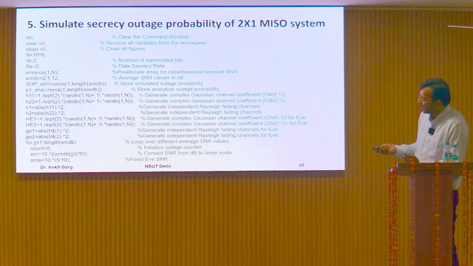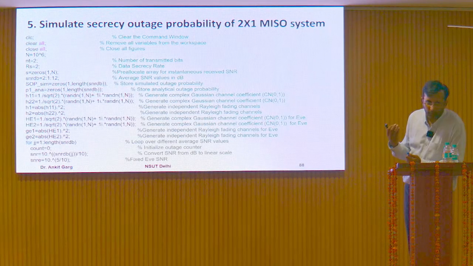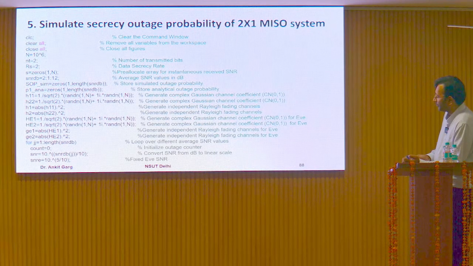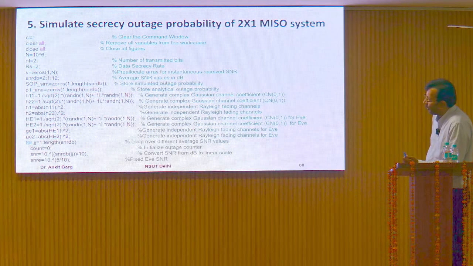And for the outage scenario, we need to count how many times the received SNR values fall behind the threshold SNR. We have fixed the SNR value of the eavesdropper link here.